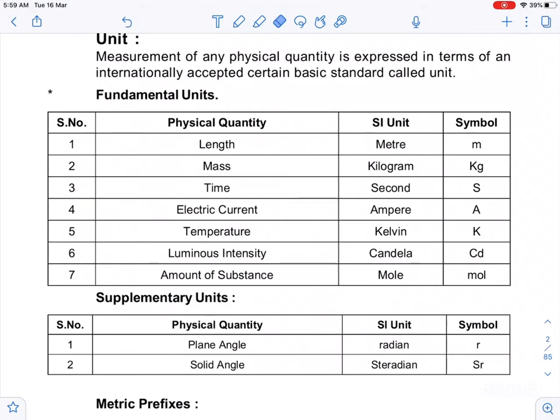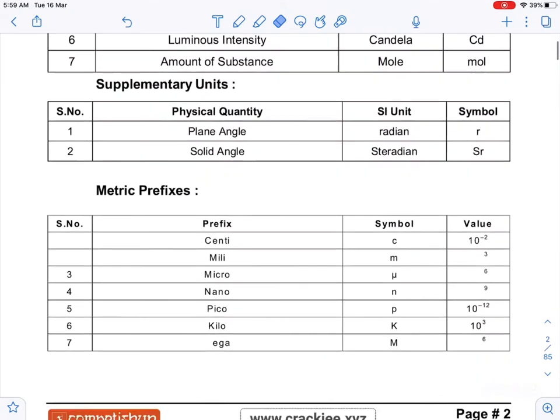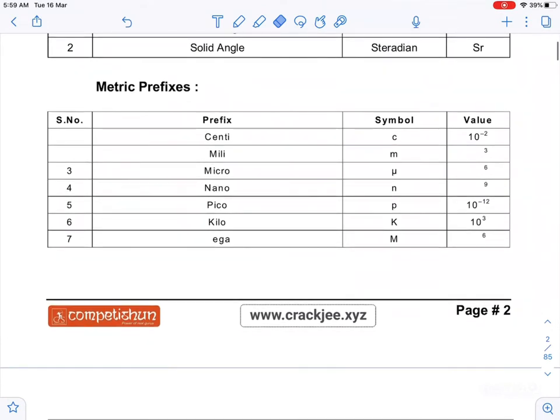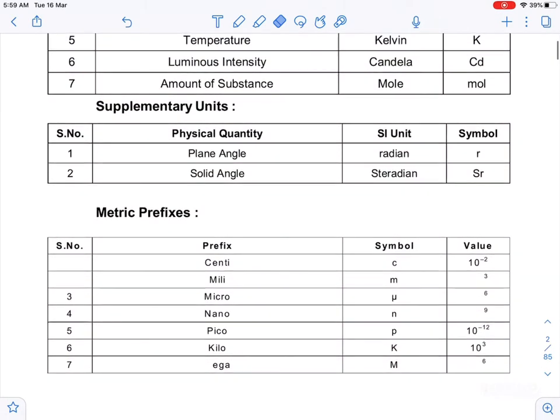Now there are two supplementary quantities which are plane angle and solid angle, which can be represented in radian and steradian.